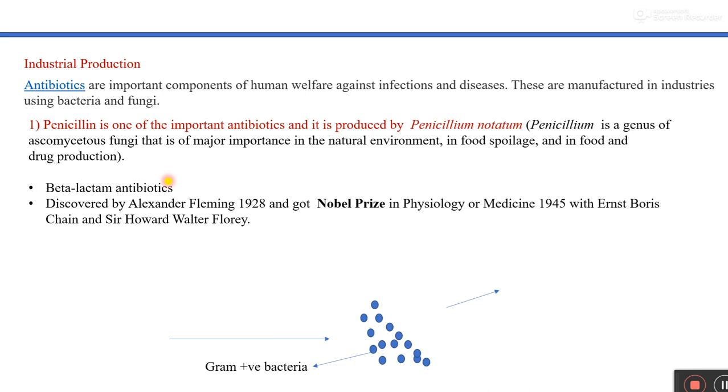Penicillin was first discovered by Alexander Fleming in the year 1928, and for this he got the Nobel Prize in Physiology or Medicine in 1945 with Ernst Boris Chain and Sir Howard Walter Florey. The discovery of penicillin was done by Alexander Fleming in 1928, and this discovery is known as serendipity.